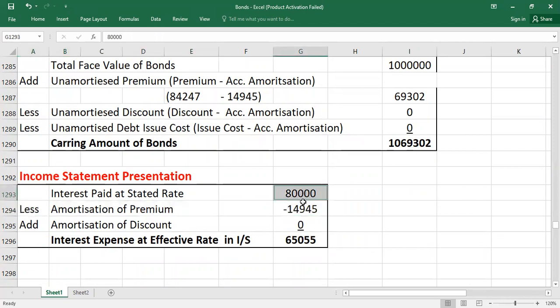But if you have amortization of discount, that should be added. Why? Because amortization of premium is kind of income, so you subtract it from the interest payments, and amortization of discount is kind of an expense, so you add it. This is how you get the interest expense at the effective rate.